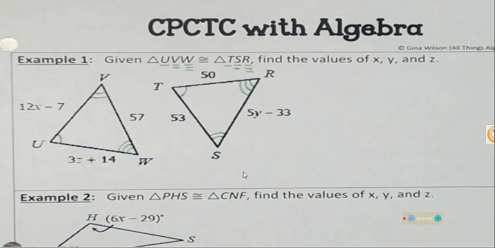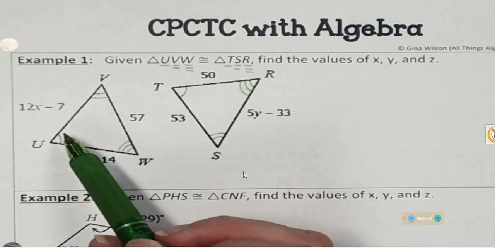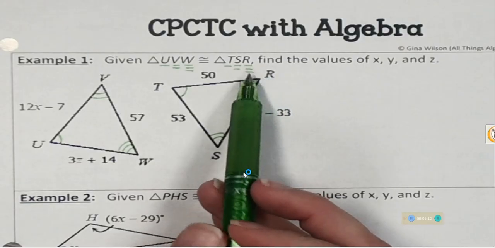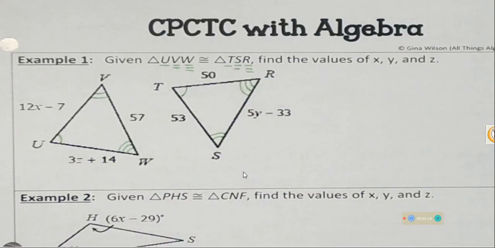That's really important because all the measurements I gave you are sides. The only way to figure out what sides are congruent is to know what angles are congruent. I marked the angles according to what I was given, just because that's easier for me to organize.